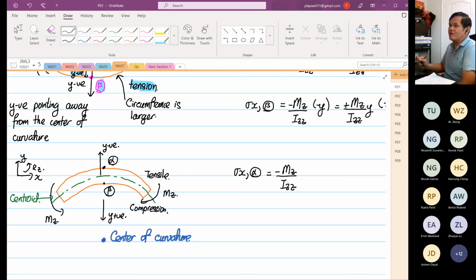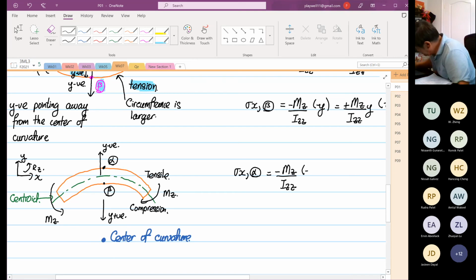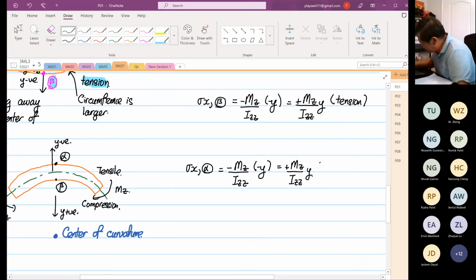Yes, you're right, it's negative. So this is equal to positive Mz over Izz multiplied by Y. So it's positive, meaning it's in tensile or tension.